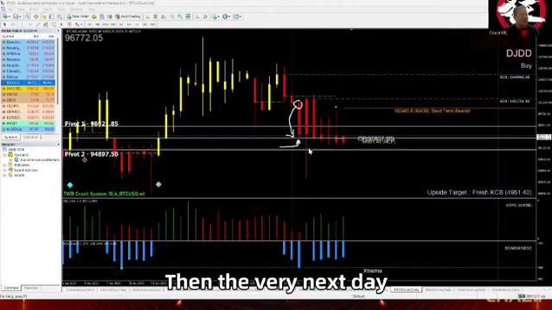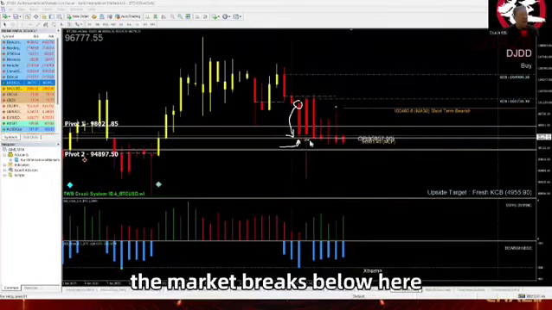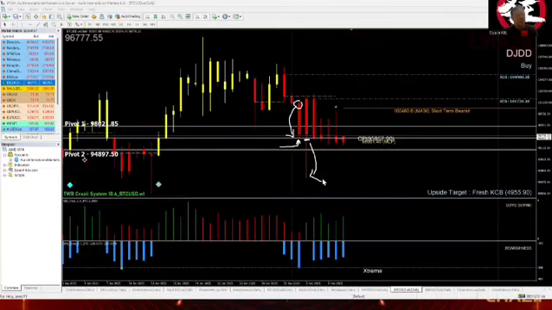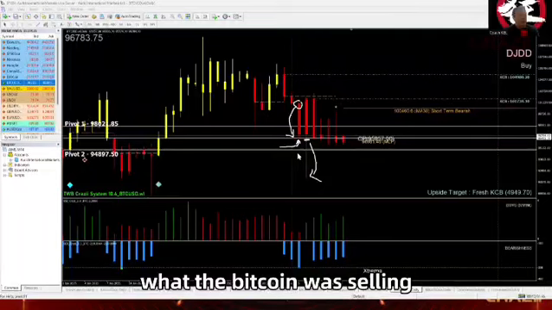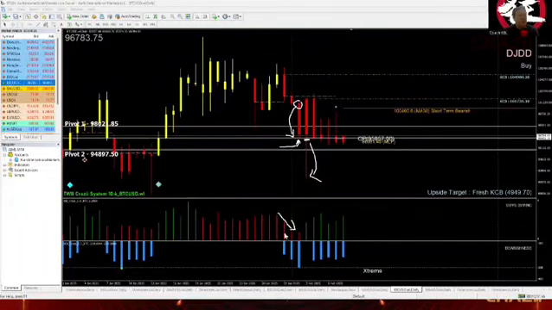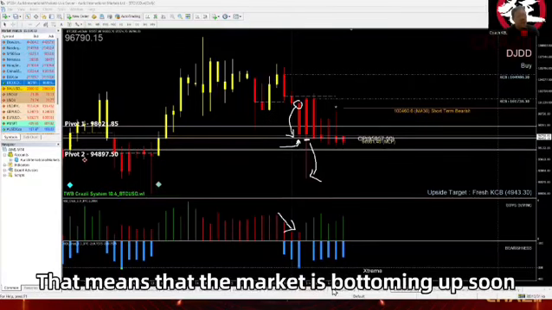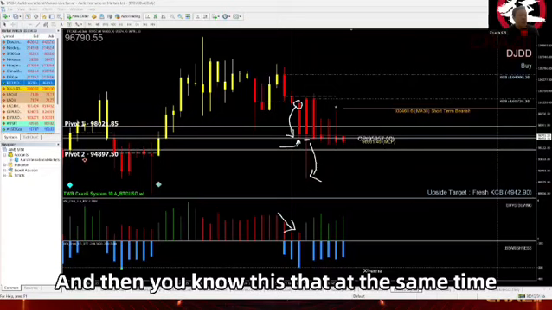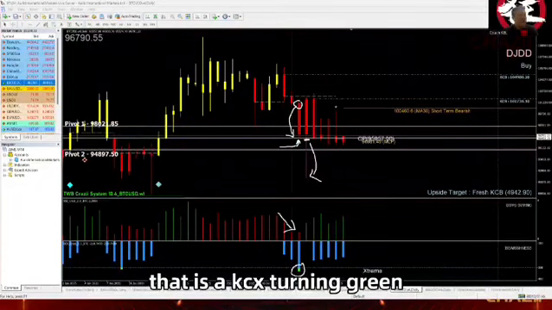Then the very next day, the market breaks below here, and there was a huge sell-off on Bitcoin. But if you notice, while Bitcoin was selling, the KSI was reducing. That means the market is bottoming out soon. And at the same time, there is a KCX turning green.